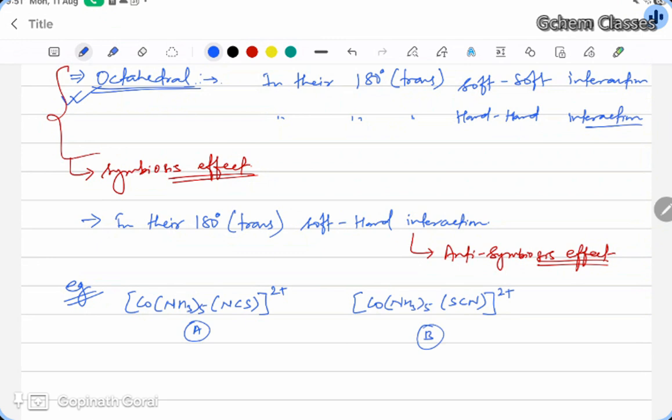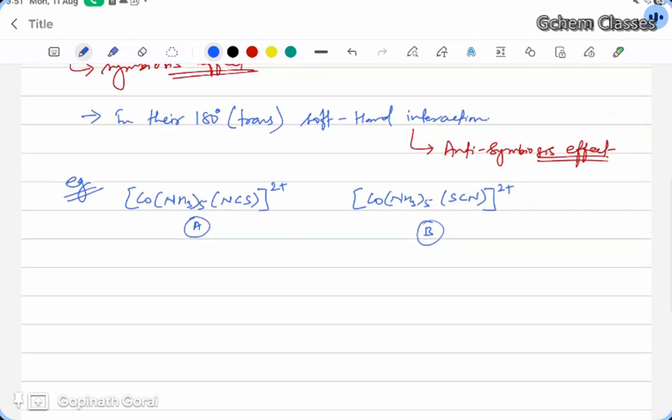In these two, NCS means it is connecting directly through nitrogen, and SCN means it is connecting through sulfur, right? If I draw the molecule, it will be cobalt, octahedral. In this octahedral complex I can put NH3, NH3, NH3, NH3, NH3, and one NCS.